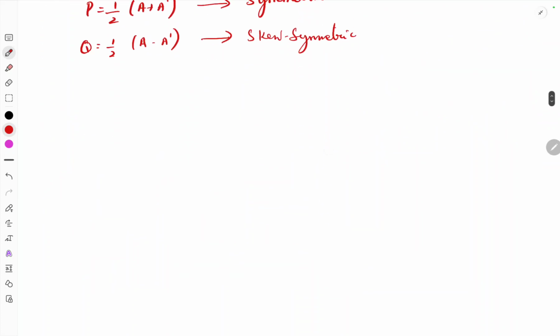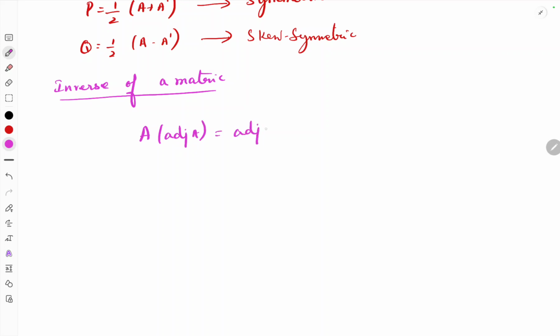So now we will see what is inverse of a matrix. See here, always this theorem is valid. A into adjoint of A will be equal to adjoint of A into A equal to determinant of A into identity matrix.